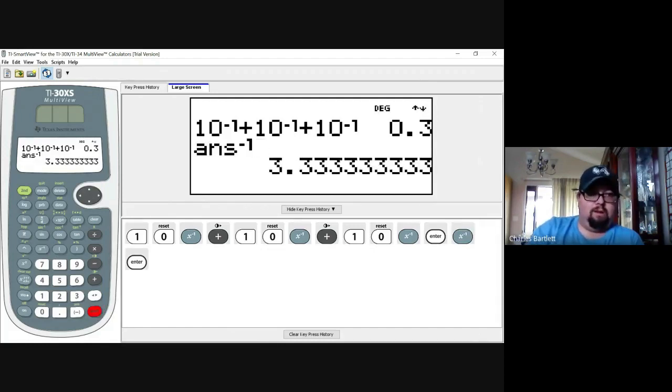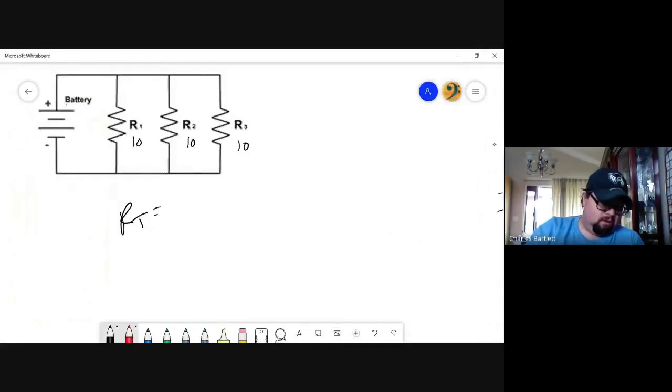Well, isn't that just 10 split 3 ways? It is, 1/3. So RT is 3 1/3 is a way of saying it, or 3.333.